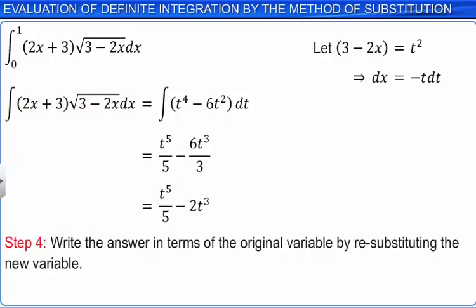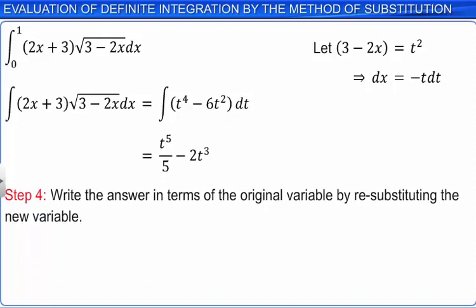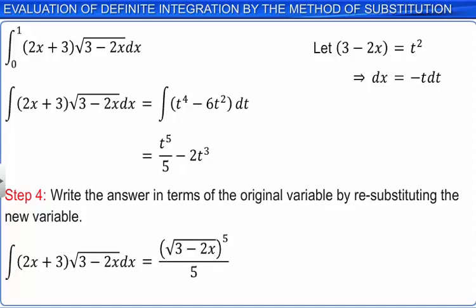On substituting the value of t, we get the integral of (2x plus 3) times square root of (3 minus 2x) dx is equal to square root of (3 minus 2x) raised to the power 5 divided by 5 minus 2 times square root of (3 minus 2x) raised to the power 3. After obtaining the value of the integral without limits, evaluate this value at the given upper and lower limits.